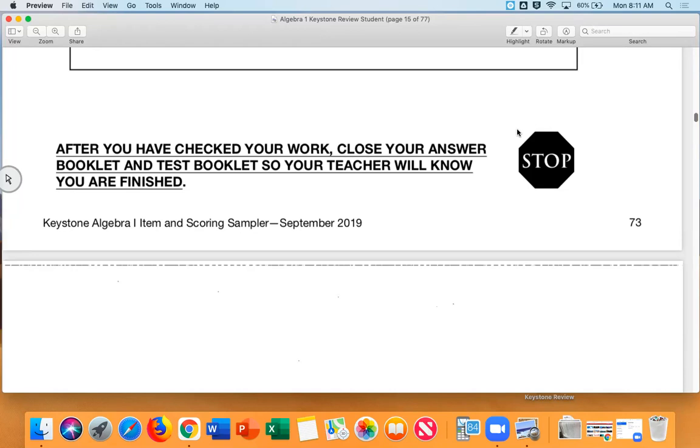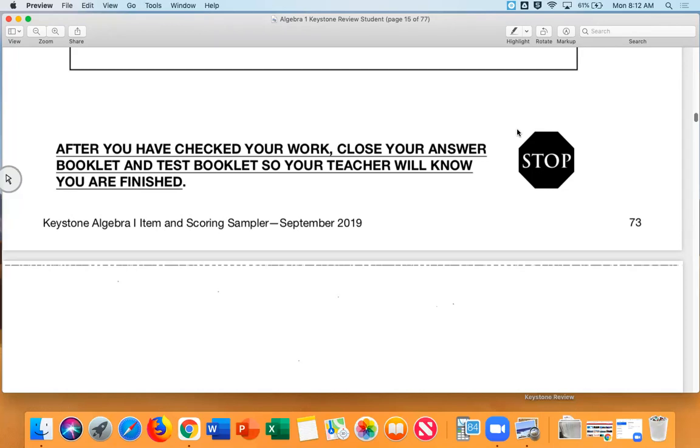Once you see that stop sign, that's where you stop, okay? Like I said, there's going to be two parts to the Keystone: the multiple choice, and then an open-ended like this. So if you've only done the multiple choice and then you see a stop sign, maybe raise your hand and ask, hey, am I supposed to keep going? Or is this where I stop? If you have any questions for that.